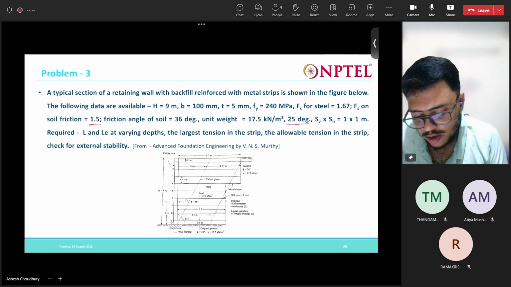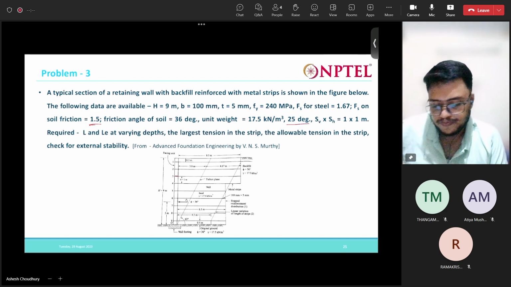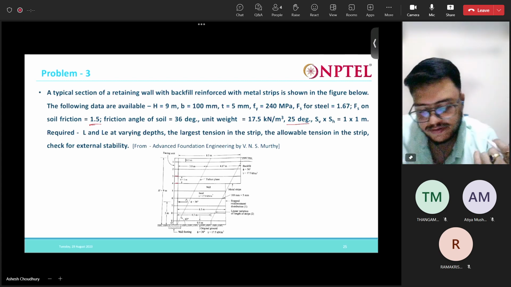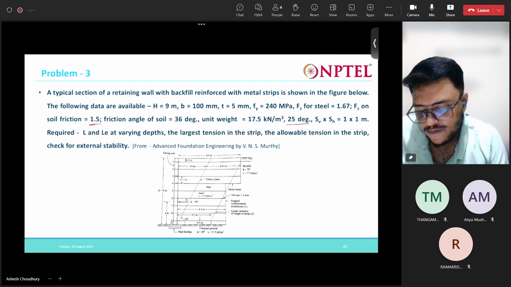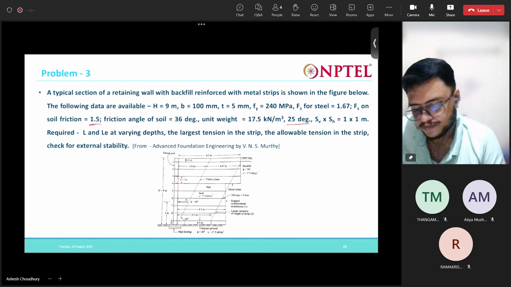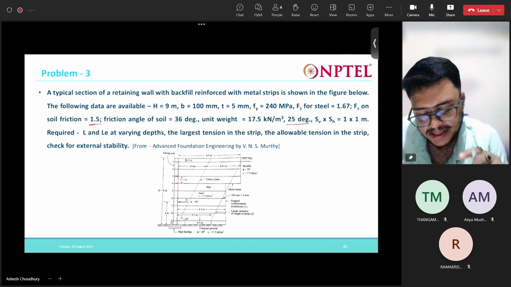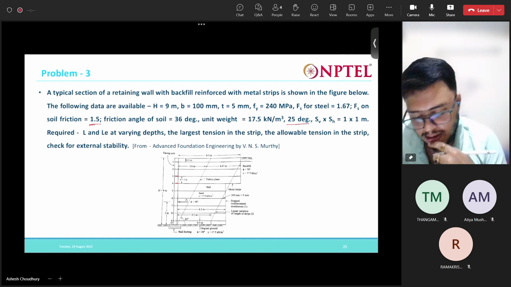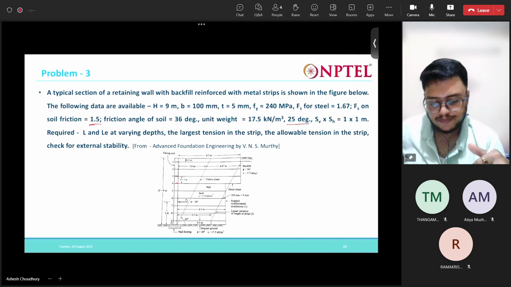Each facing block is 1 meter height, and the first strip is placed 0.5 meter below the top surface. The spacing between the strips is kept at 1 meter, and the first and the last strips are 0.5 meter from the ground levels.